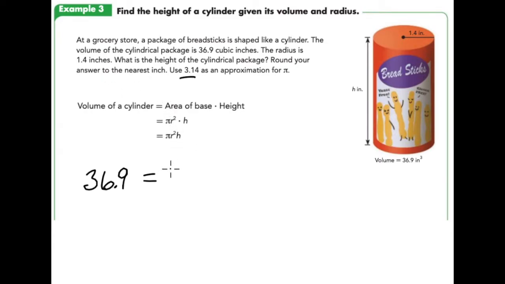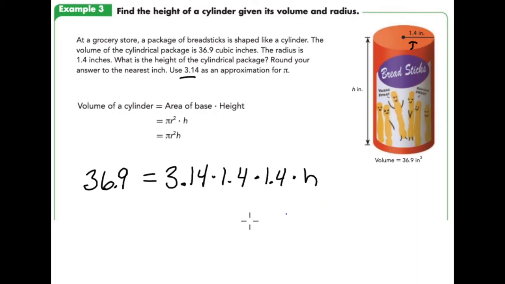We know we're using 3.14 for pi. We know our radius right here is 1.4 inches, so times 1.4 times 1.4. And in this case, we don't know the height, so we're just going to leave that as a variable h.